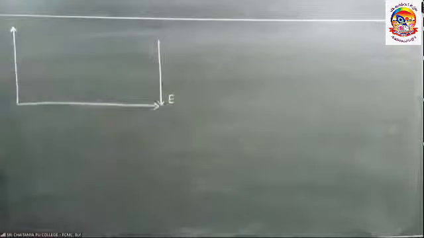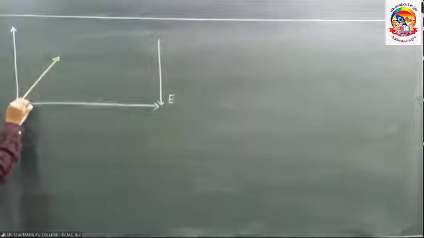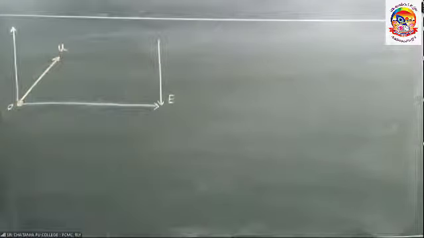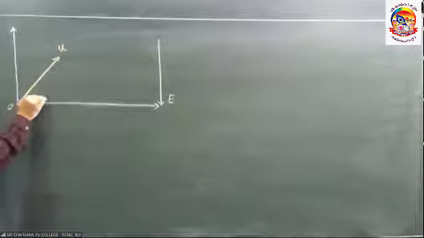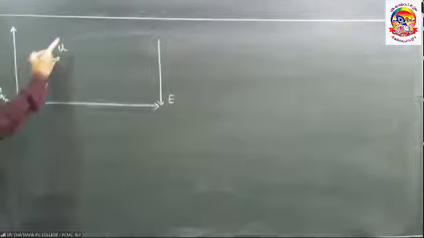This is horizontal. Then a charged particle is projected like this. From this point O, a charged particle is projected with a velocity u, making an angle theta with the horizontal. This charged particle has mass m and charge q.